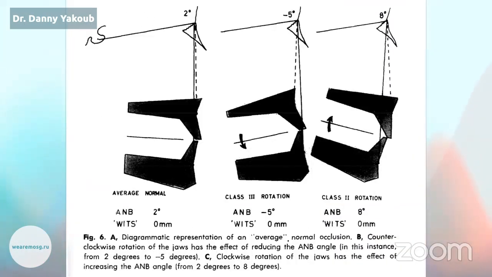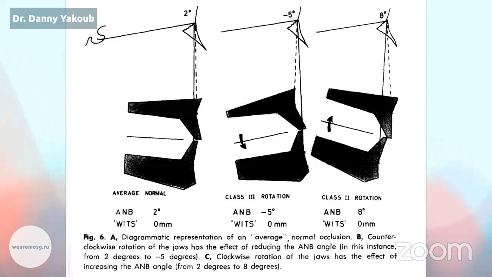Another thing that we should consider is the clockwise or counterclockwise rotation of the maxilla and the mandible. Here is a diagram of an average normal occlusion with an ANB angle of 2 degrees.